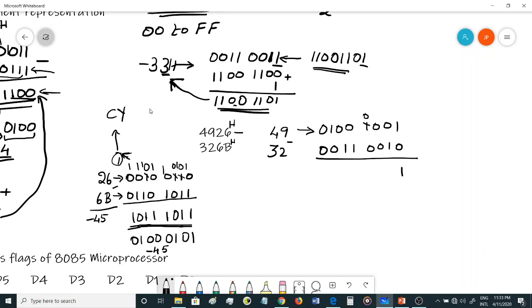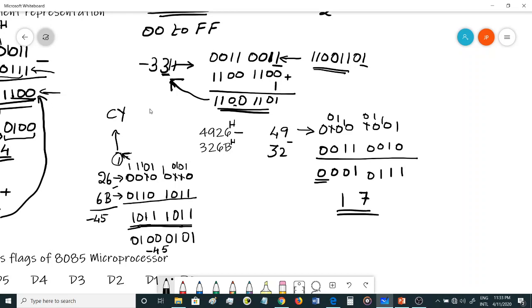So 10 minus 1 is 1, 1 minus 0 is 1, 0 minus 0 is 0, 0 minus 1, you need to take a borrow over here, this becomes 0, this becomes 1, this becomes 10, 10 minus 1 is 1, 1 minus 1 is 0, 0, 0. So you get the result as 1, 7, and the MSB is 0, which shows that the result is positive.